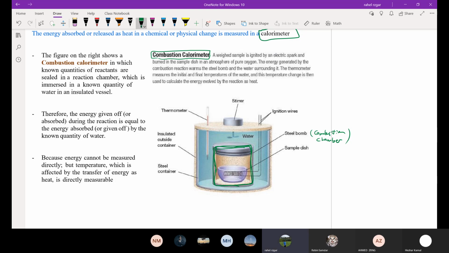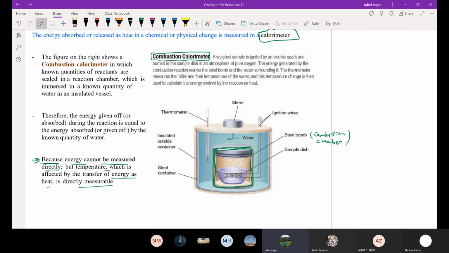Why do we use this combustion calorimeter? Because energy cannot be measured directly, but temperature, which is affected by the transfer of energy and heat, is directly measurable.